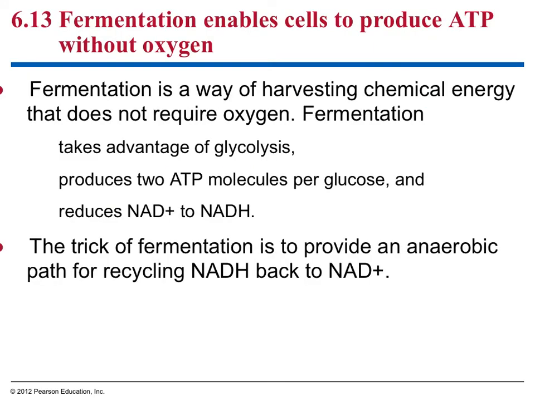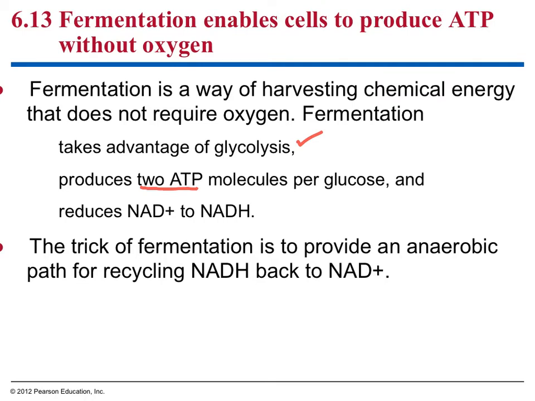So it's a way to take advantage of glycolysis. We can still split glucose and make a little bit of ATP. So there are 2 molecules of ATP produced when you split glucose in glycolysis. The thing with fermentation, though, is there is no citric acid cycle and there is no oxidative phosphorylation.